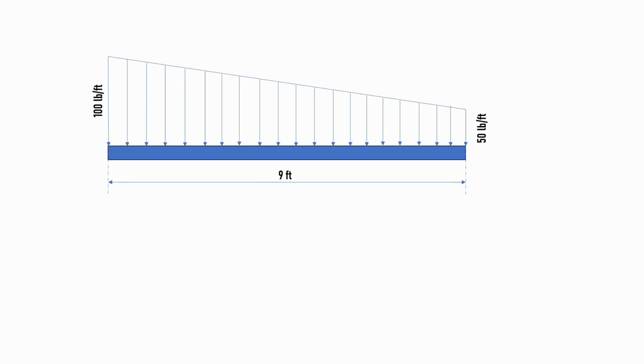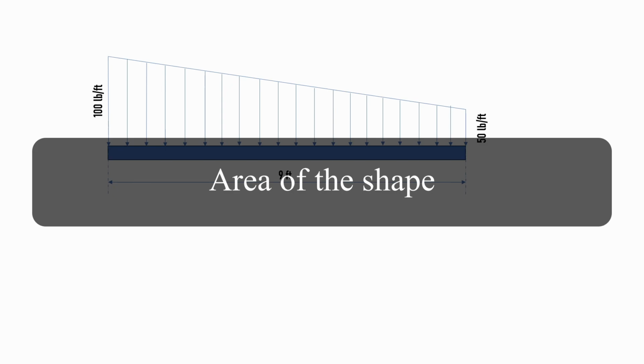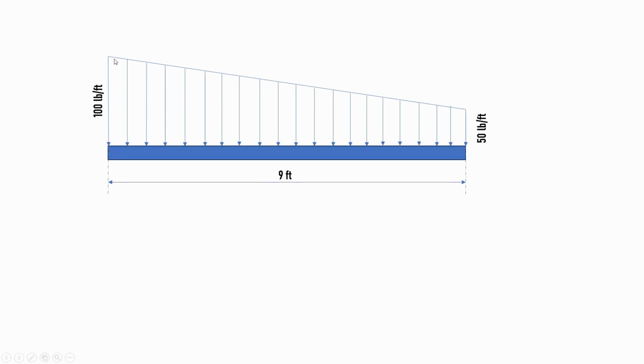So we know for a distributed load, in order to get the equivalent load, we need to calculate the area. For instance, here we have the area created by these two forces, which has a height of 50 pounds per feet on the right side and 100 pounds per feet on the left side.